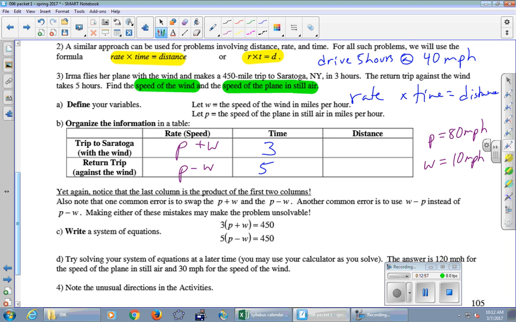But there are a couple of ways to go wrong on this one. First of all, if you're not careful, you could say, okay, I just have to add the two speeds here, W plus P, and I have to subtract the two speeds here, W minus P. One of them is right, but one of them is wrong. Which one's still okay? The top one, W plus P is the same as P plus W. But the bottom one is not right. What would the bottom one be as a number if we did W minus P in this case? Negative 70, right?